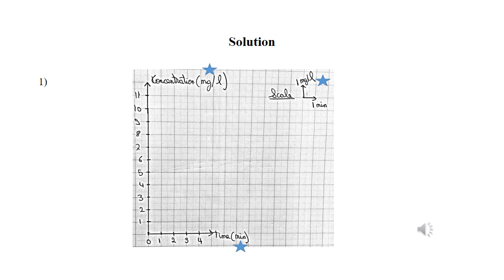So you put 1, 2, 3, 4, 5, 6, 7, 8, 9, 10, 11, because the maximum concentration is 10.5. So you must reach 11. Do not forget the scale. Like this, you should write it. The time and its unit, minute. The concentration and its unit, milligram per liter.